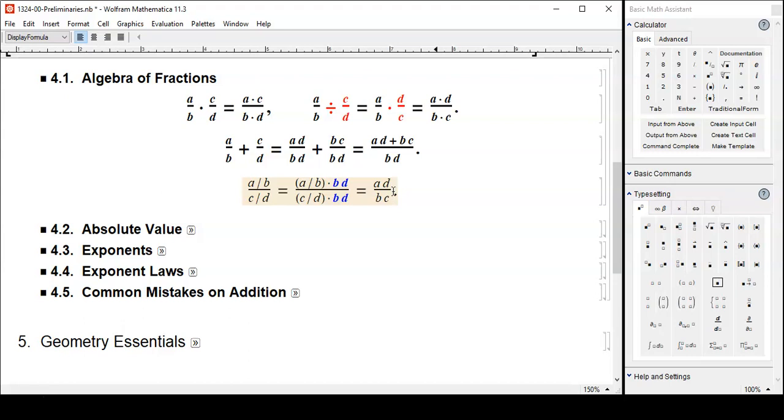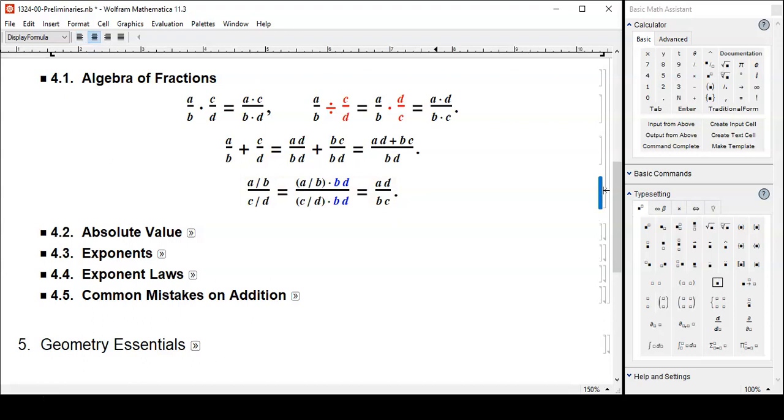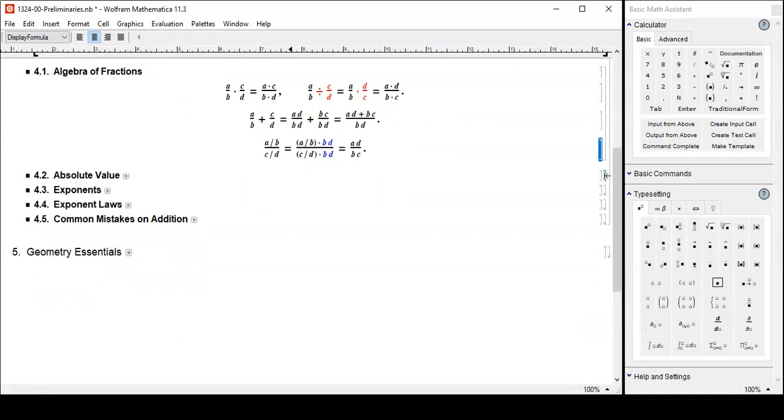I didn't change anything, because BD over BD is 1, so multiplying by 1 does not change anything. Does it simplify though? Yes, it does. I can kill off this denominator and that denominator, and then we get, in the end, something like this. And that's how you can do the division. And then simplify so that you get just one fraction, a master fraction.